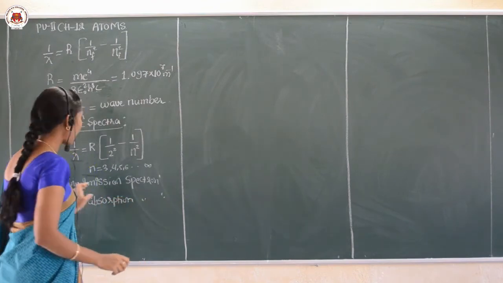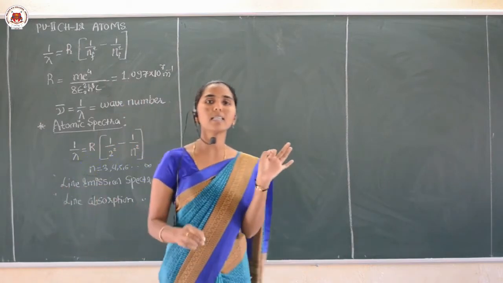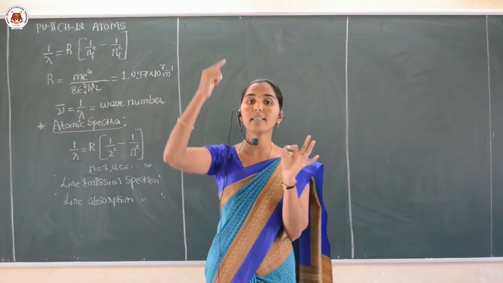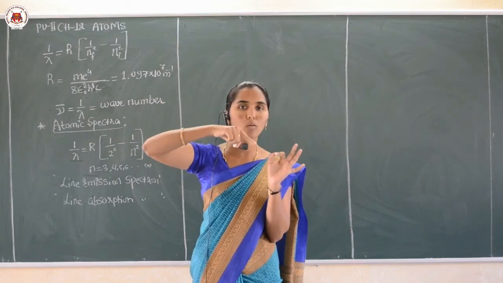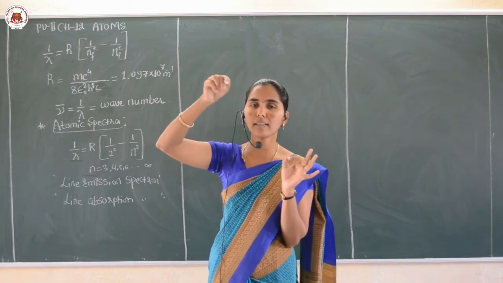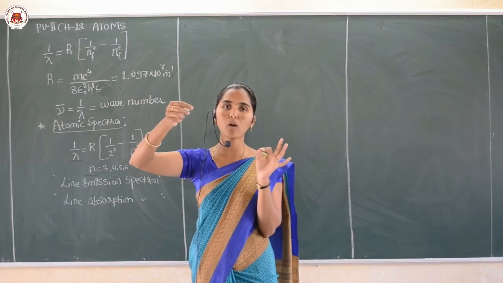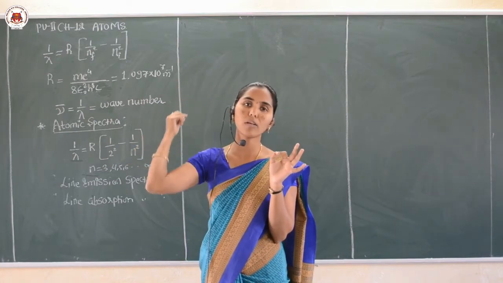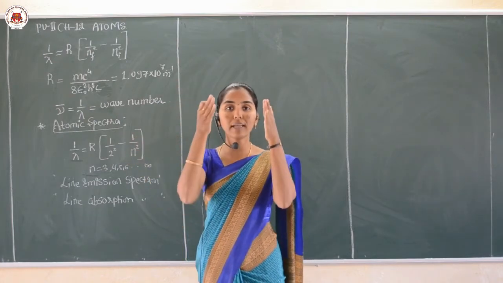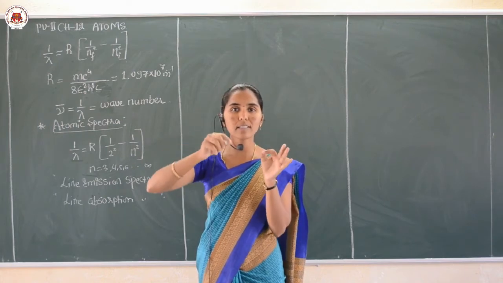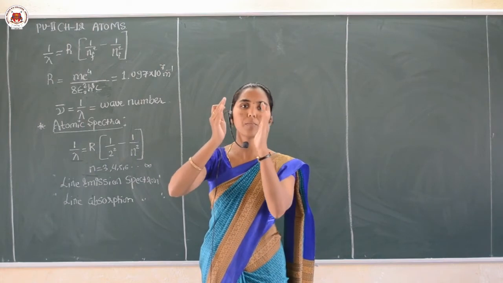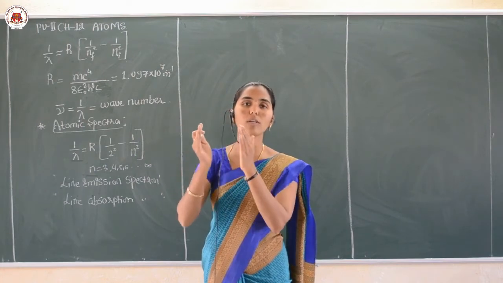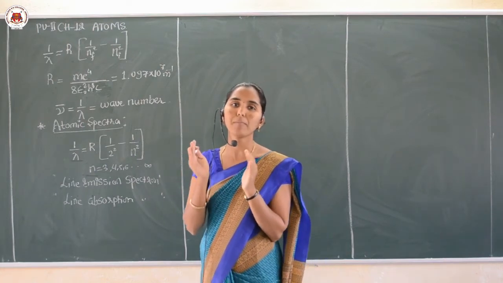See dear students, line emission is formed when there is a transition of the electron from higher orbits to lower orbits. During that time they emit a photon having a particular wavelength. Each time there is a transition, one spectral line is formed. Such a number of spectral lines together form the line emission spectrum.